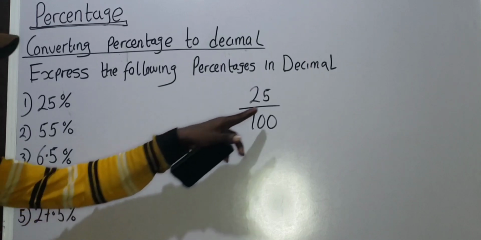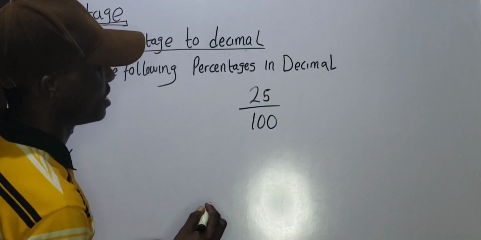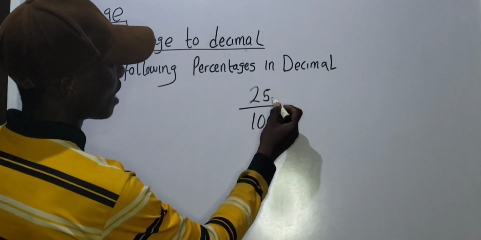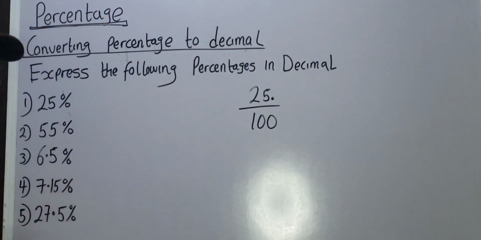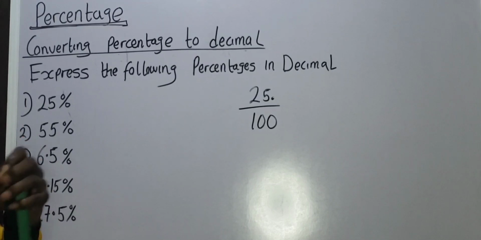You can see that we have 25 over 100. The decimal point is at the front of 5. Are you paying attention? Now, when you are converting a percentage number to decimal, you just have to move the decimal point 2 steps towards the left.